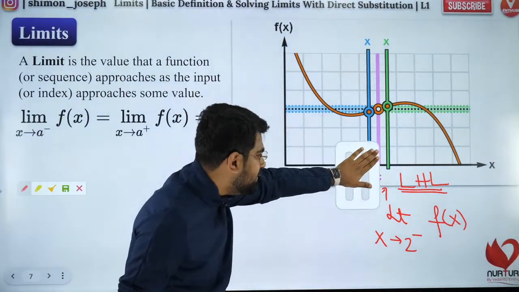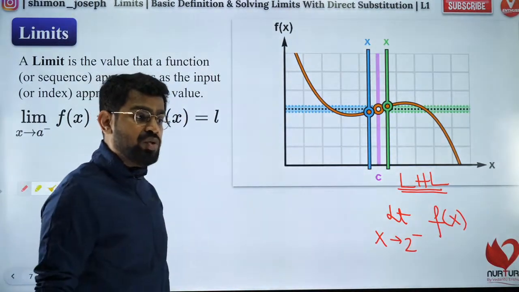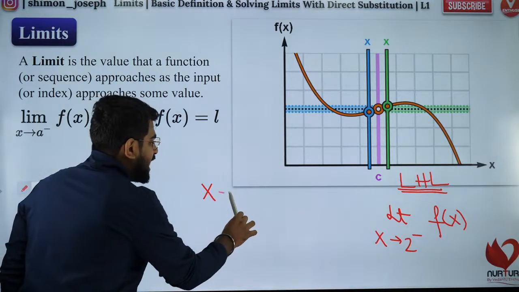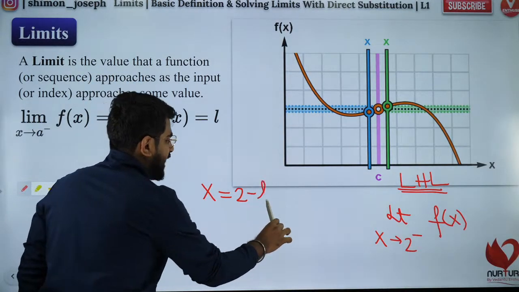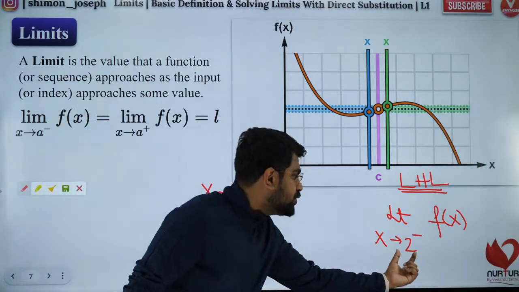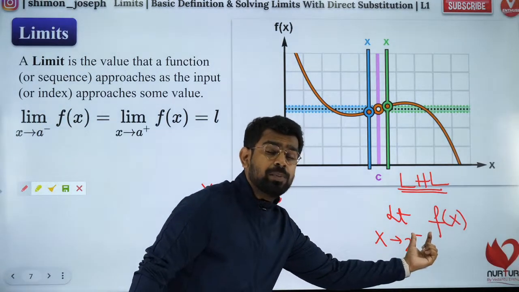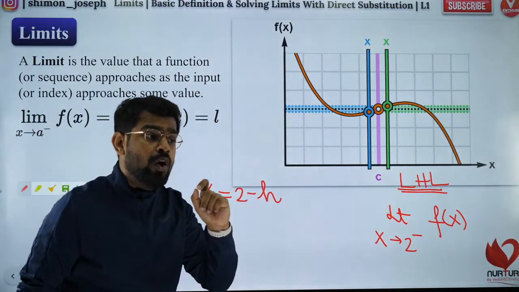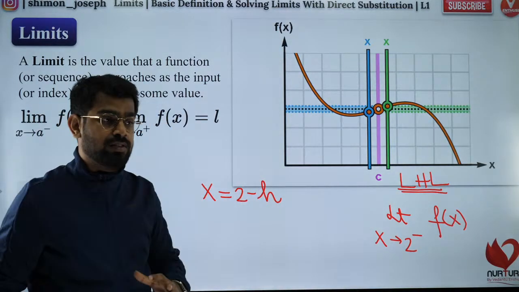So now people, what will I do? I will try to do something here. It's a very good magic. Please listen carefully. What I'll do is write x as 2 minus h. Got it? Because 2 minus means 2's left hand side. That means it is 1.9, 1.99 like that.